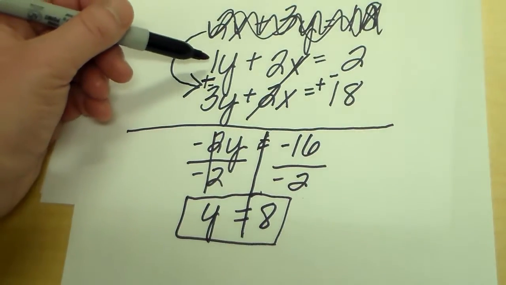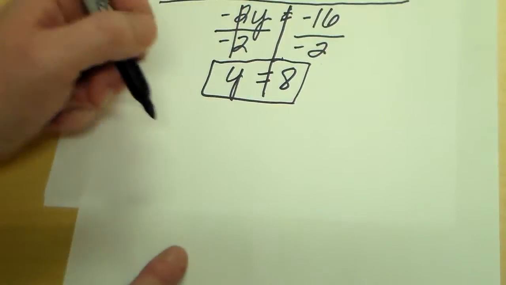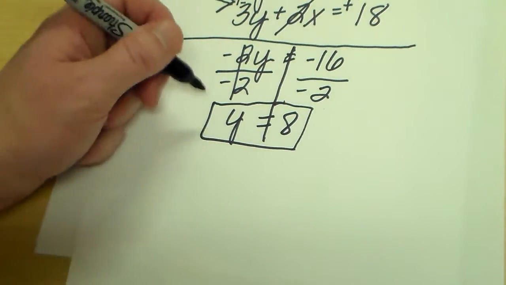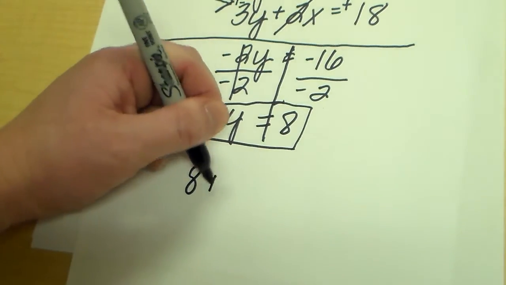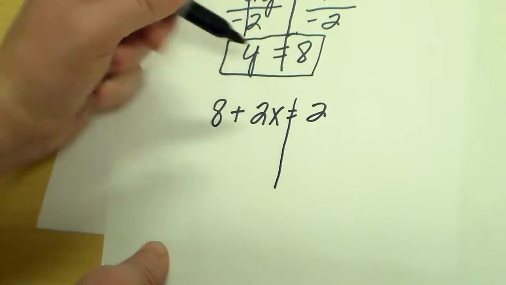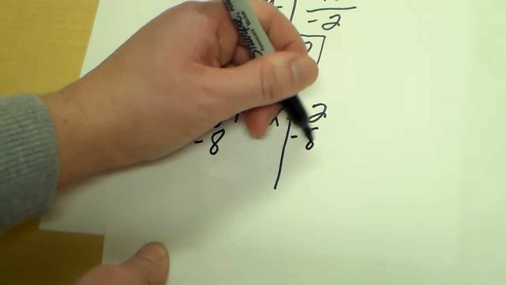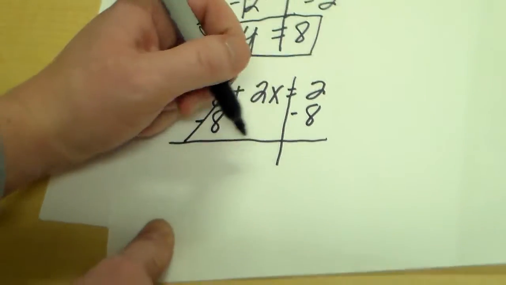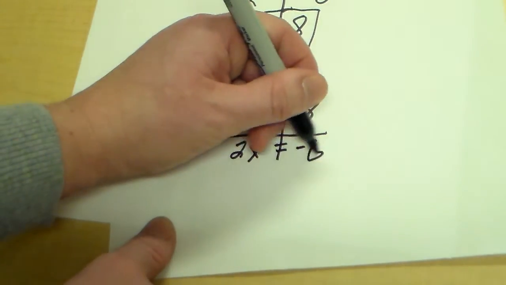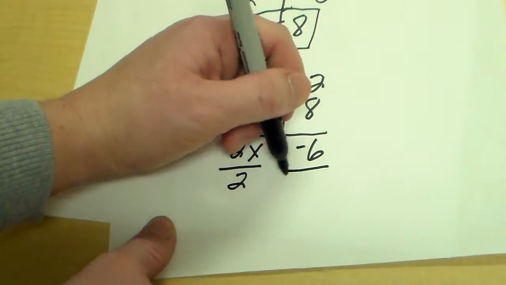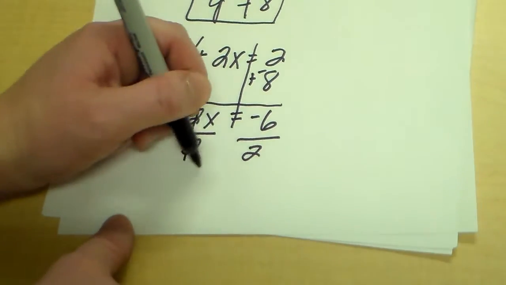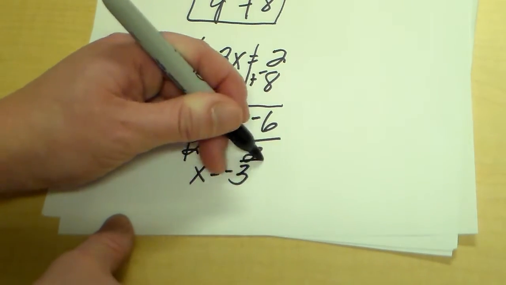I'm going to use my first equation here, 1y plus 2x equals 2. So I have 1y, which is 8, plus 2x equals 2. Subtract 8 on both sides. I have 2x equals, that's 2 plus a negative 8, negative 6, divide by 2, divide by 2. So once I divide, I'm left with x equals negative 3.